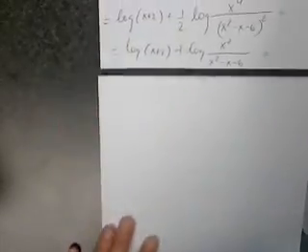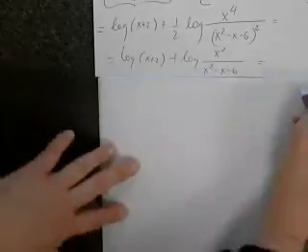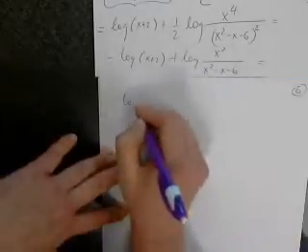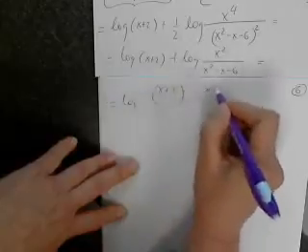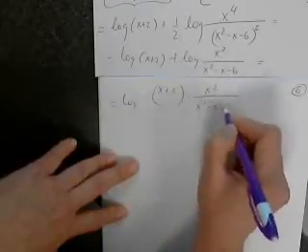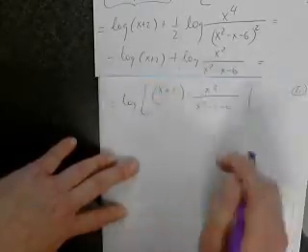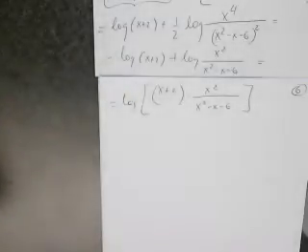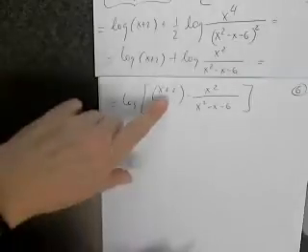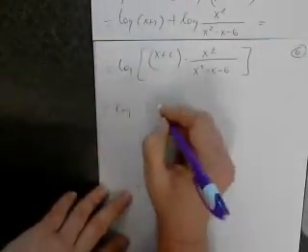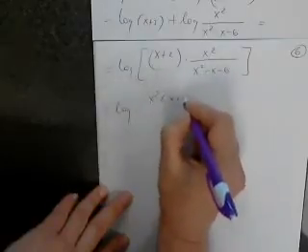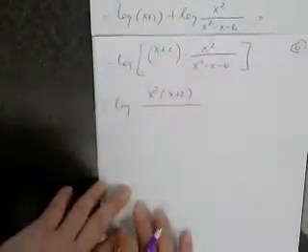Where does this come from? Good. And I will have to factor x squared minus x minus 6 in the hope that I can simplify this x plus 2. So log x squared x plus 2 divided by.